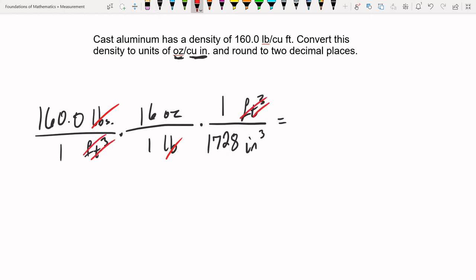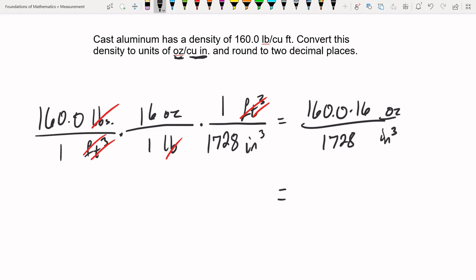Do a double mark there. On top we have ounces. On bottom we have only inches. Ounces per cubic inch, that's what we want. So doing the multiplication, 160 times 16 over 1,728.